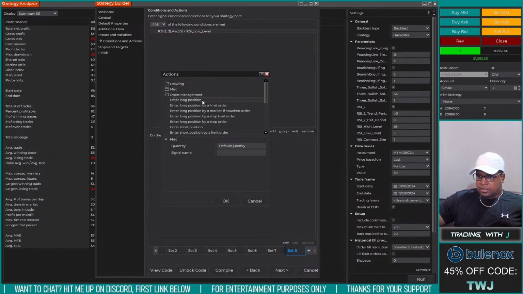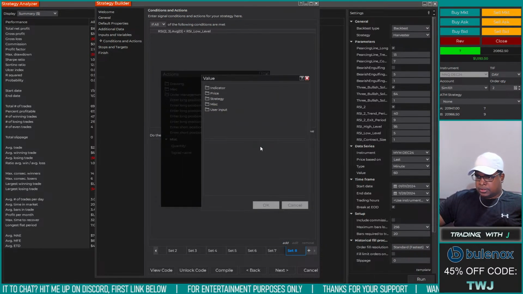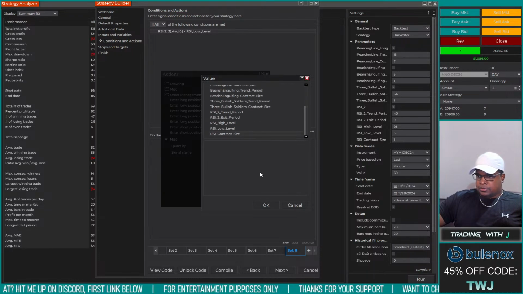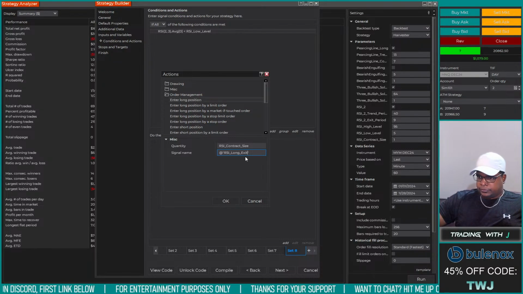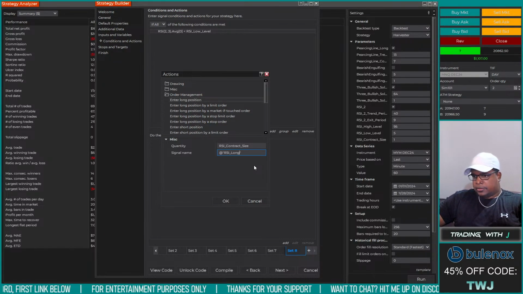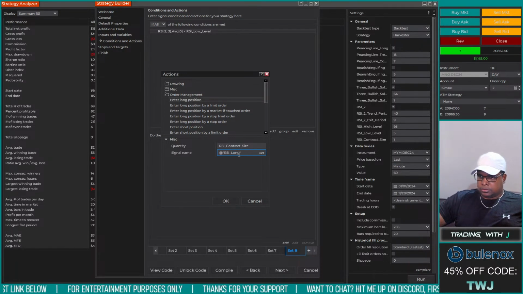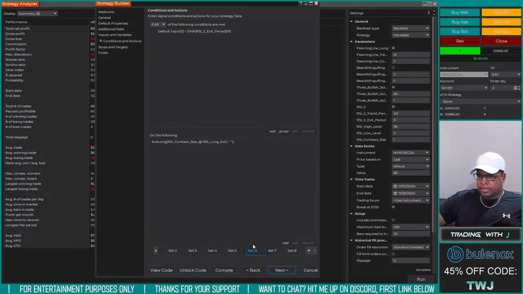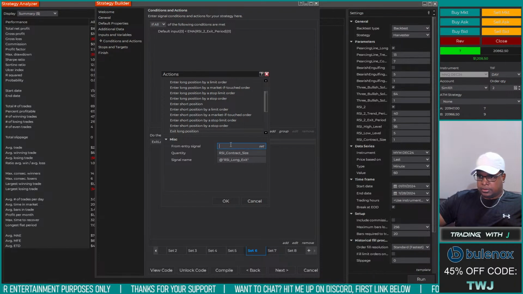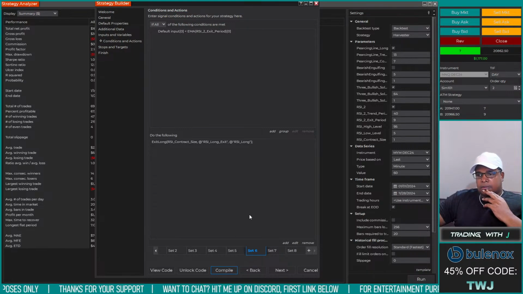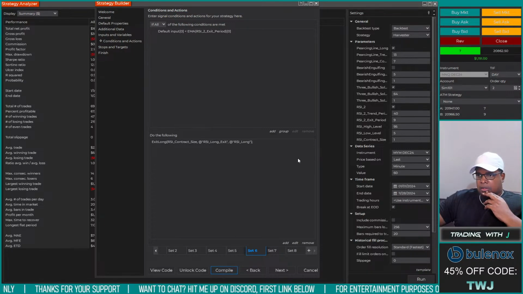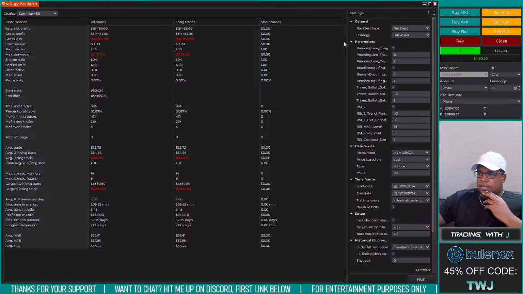Let's see if we just take a long position and we call it inputs contract size, and we call it RSI long. Okay, and back here we exit the long from that. See if this actually works now.